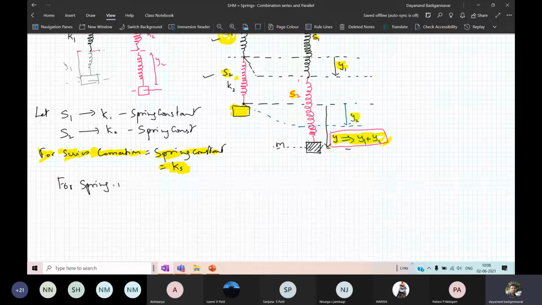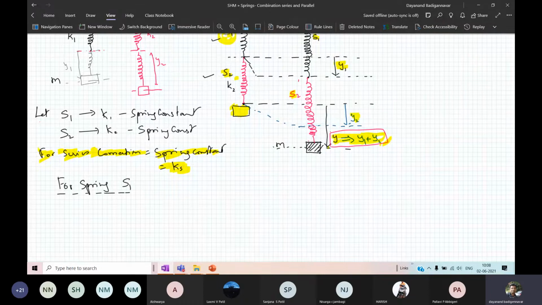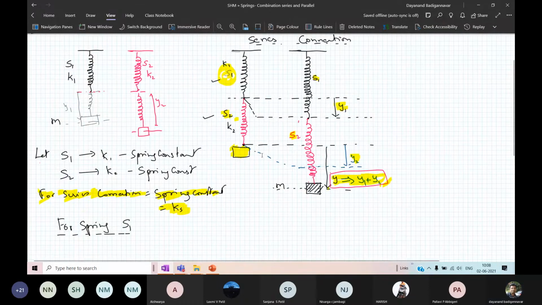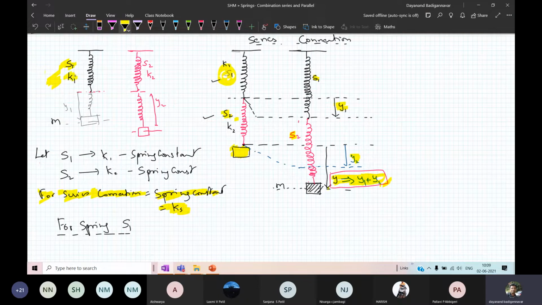What is the mass that I have hanged? The mass that I have hanged is M. Look at this diagram. If you look at the first diagram, where I have the spring S1, the corresponding spring constant is K1. What is the displacement? It is y1 when you apply a mass M, is it not?